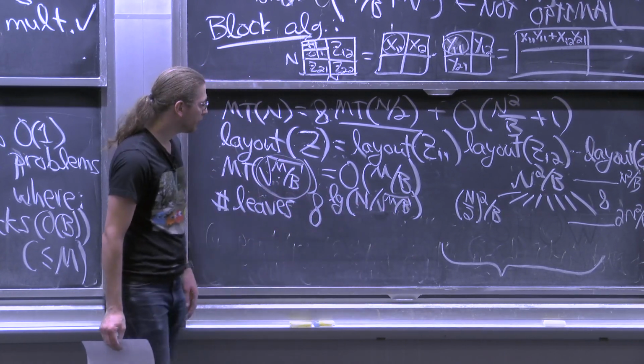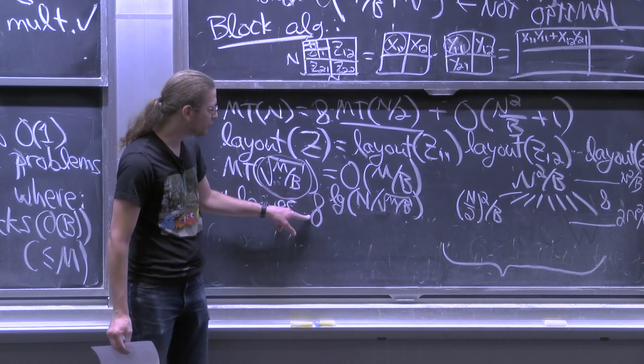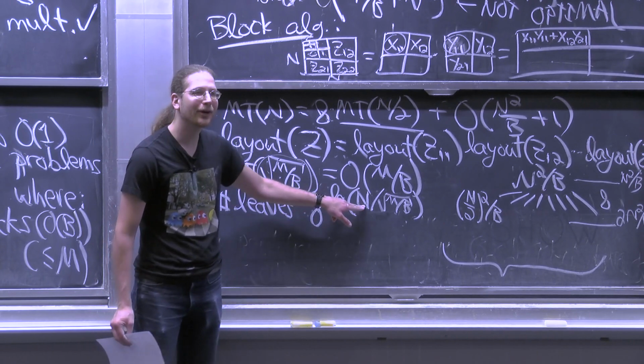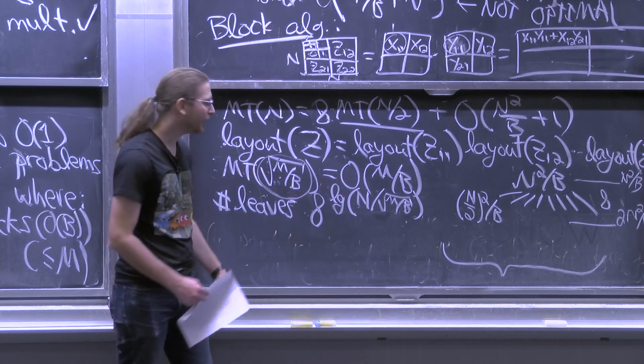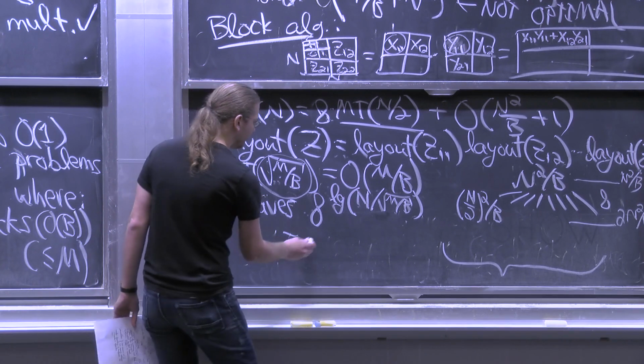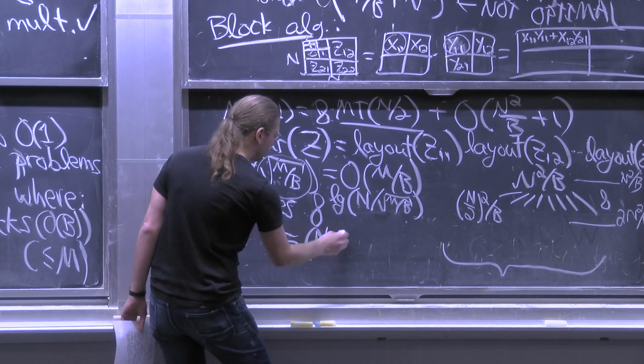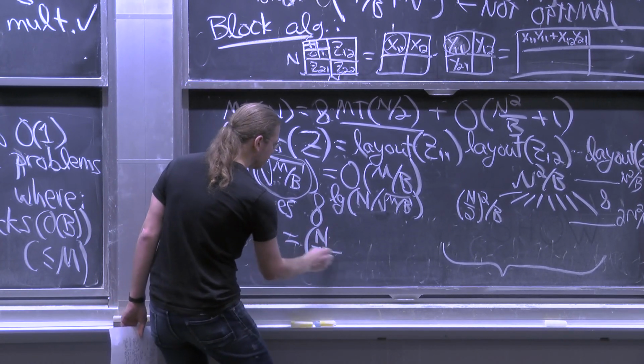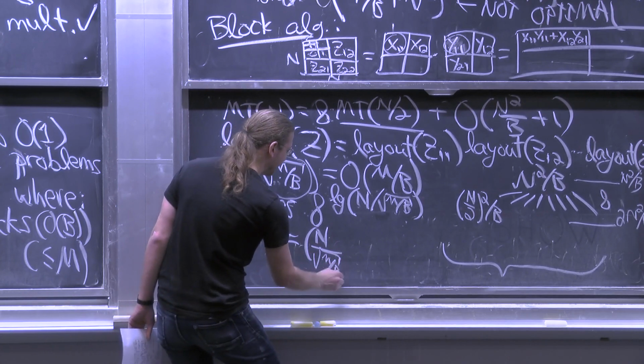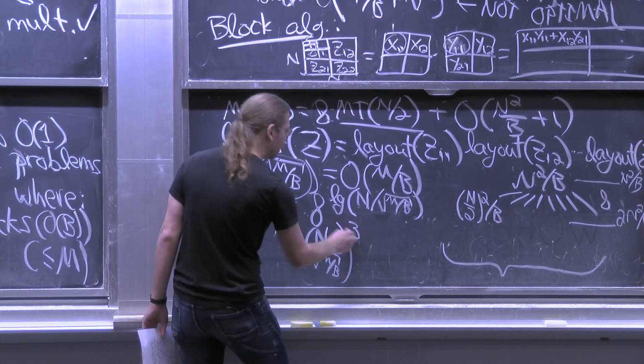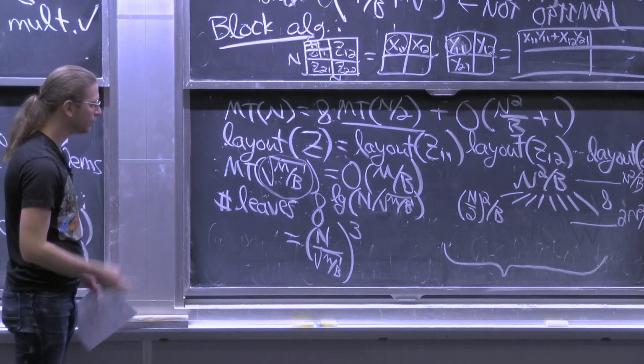Think about it. Okay, but 8 to the log, this is 2 to the 3 times log. 2 to the log is just the thing. So this is n over root M over B, so many overs, to the third power. Okay, this is starting to look familiar.